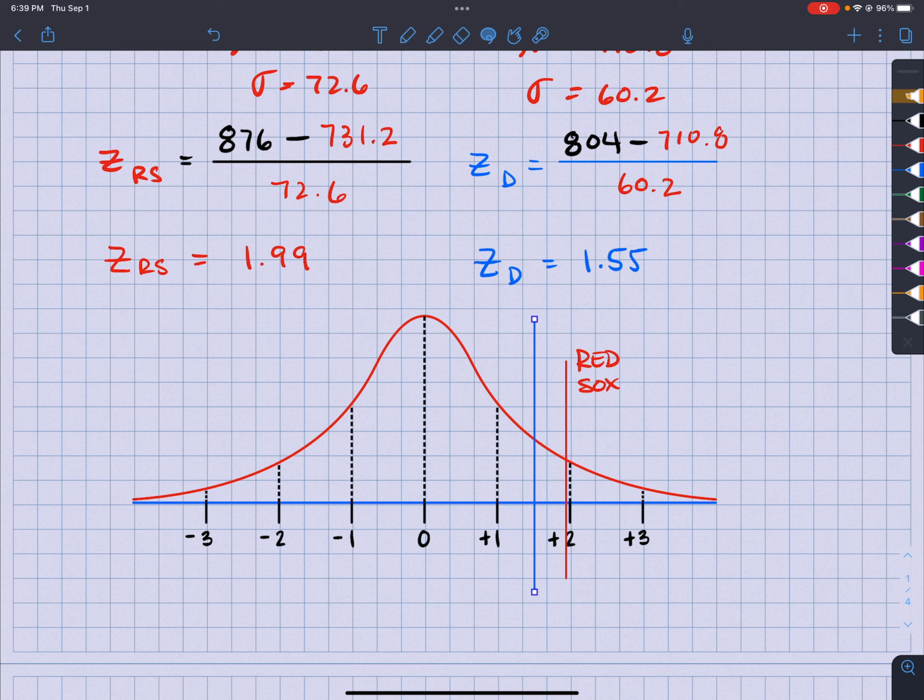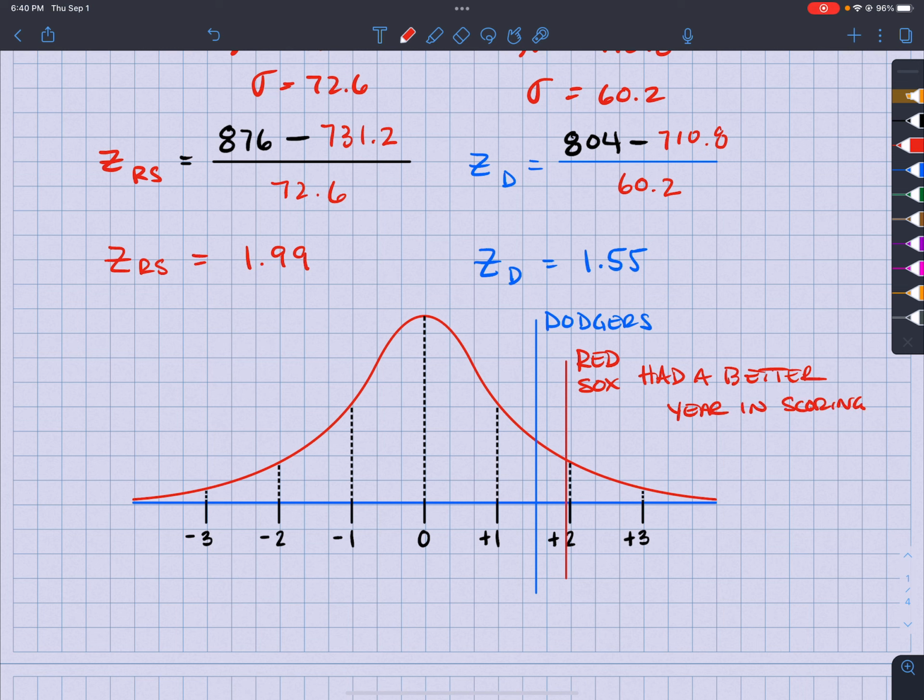And that is the Dodgers. Okay, so since the Red Sox is further to the right, that means Red Sox had a better year in scoring runs. Okay, so that is the case right there.